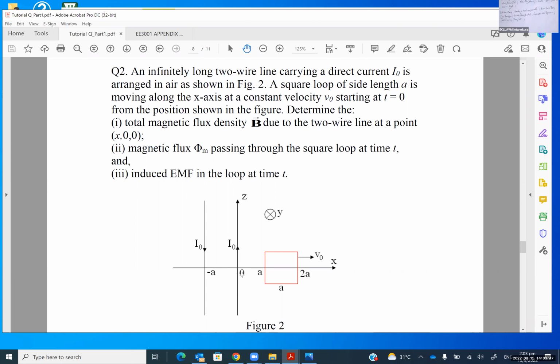I'm lazy, I'm not going to draw it, so you have to draw it in your head. The circle you are drawing in your head in the XY plane has its center at the center of that wire, which is x equal to 0, y equal to 0, at z equal to 0.